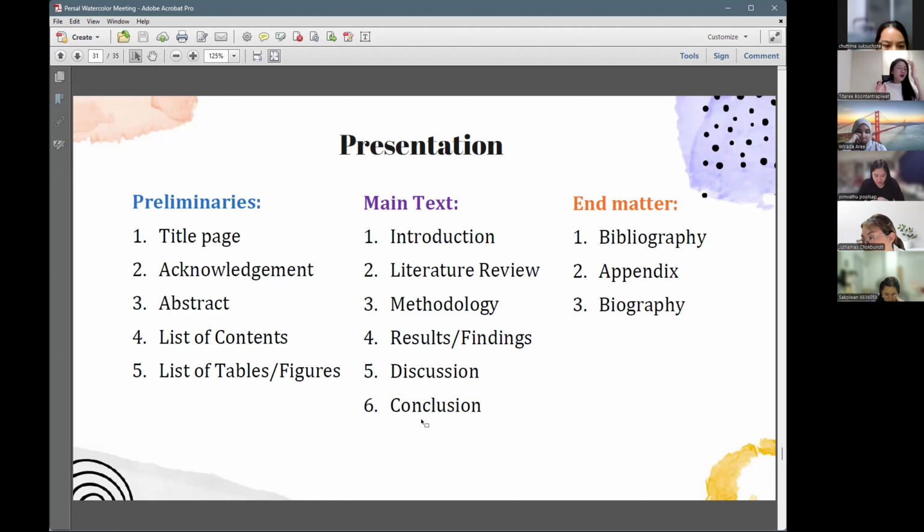So the university itself, Mahidol, did not enforce that you have to have 5 or 6. We did not limit the number of chapters. You can have 5 chapters, 6 chapters, 10 chapters.